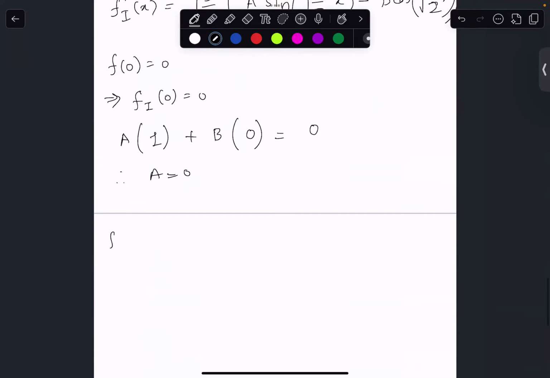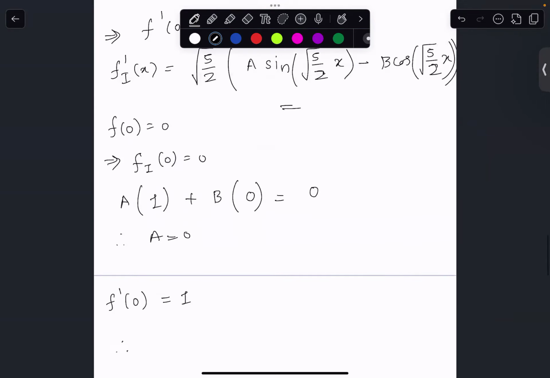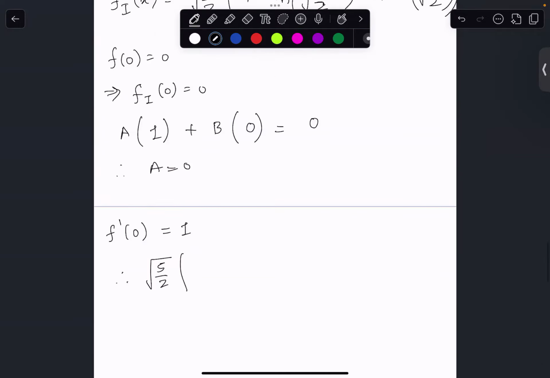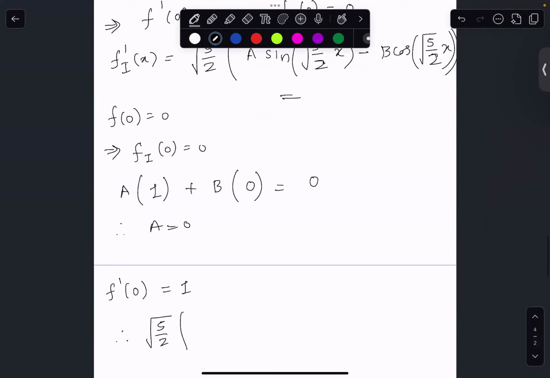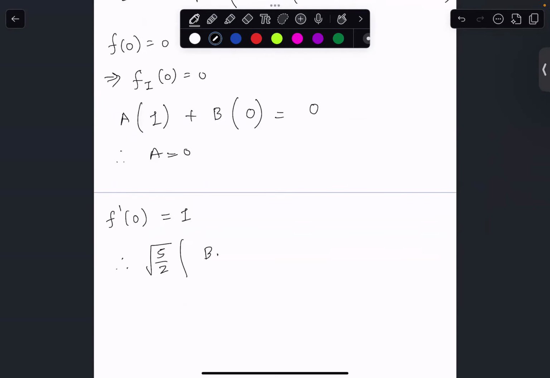And in the second region, the first derivative of our f of x at 0 is 1. Therefore, substituting 0 in this equation, we get square root of 5 upon 2 times, now we already know that a is 0, so we'll neglect that term, we have b times cos of 0, which is 1.